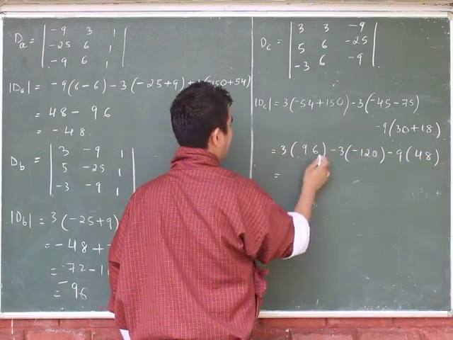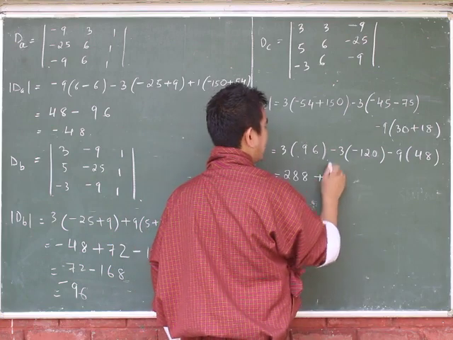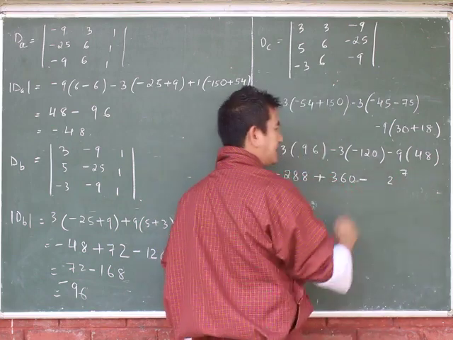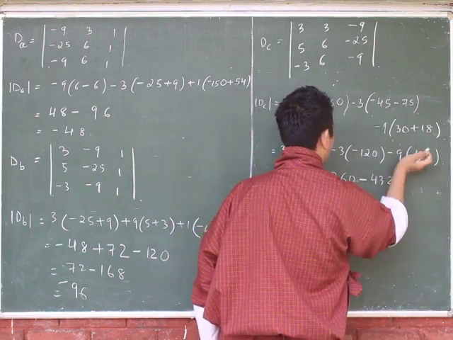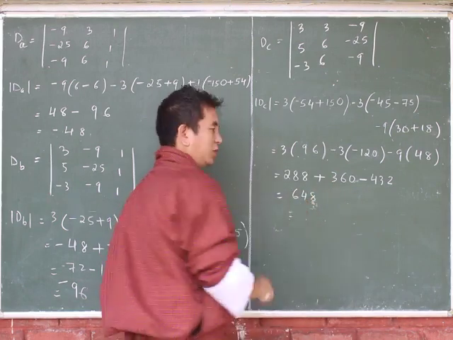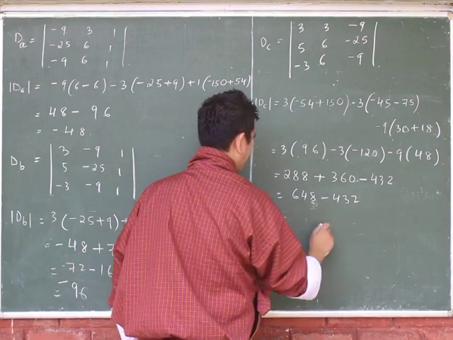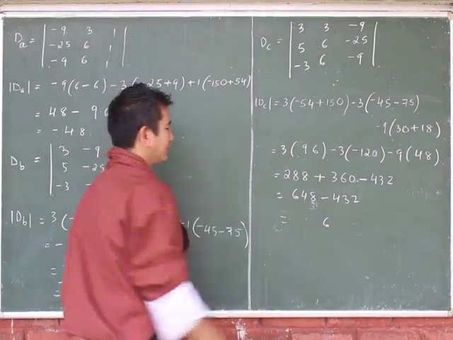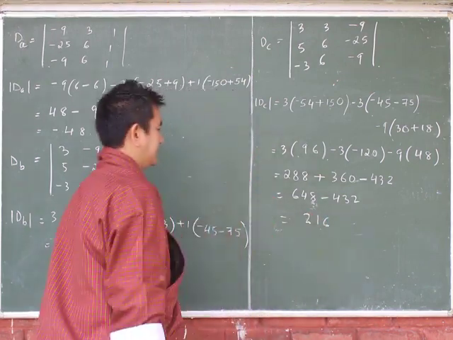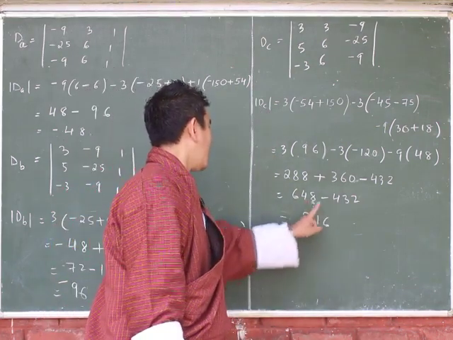Please open the bracket. 3 times 96 is 288, then plus 360, minus 9 times 48 is 432. So now it is 288 plus 360 minus 432, which is again equivalent to 216. Do your calculation. Okay, 216 is correct.